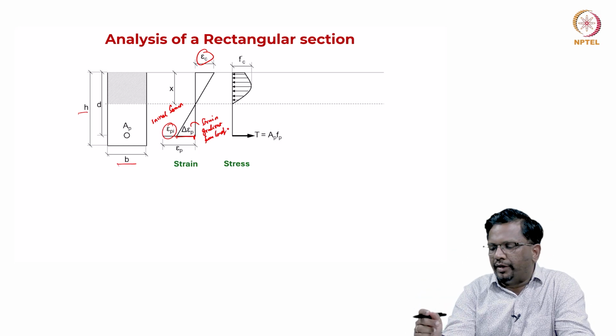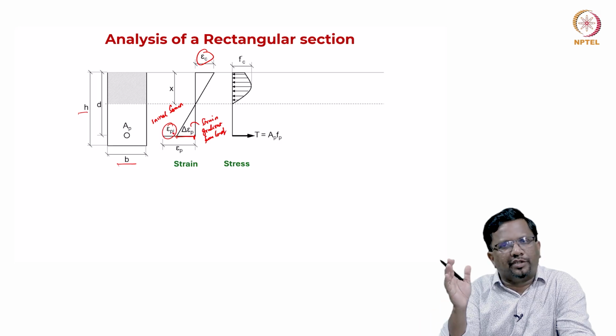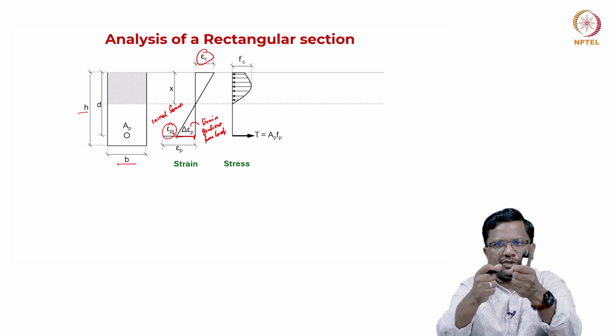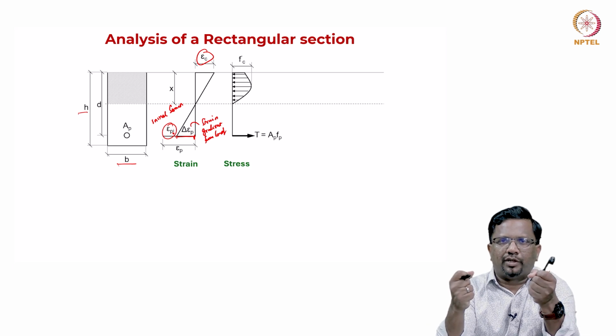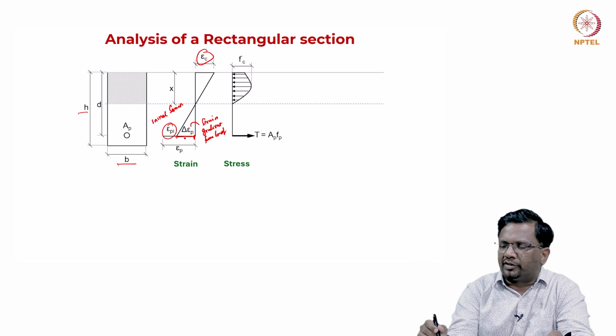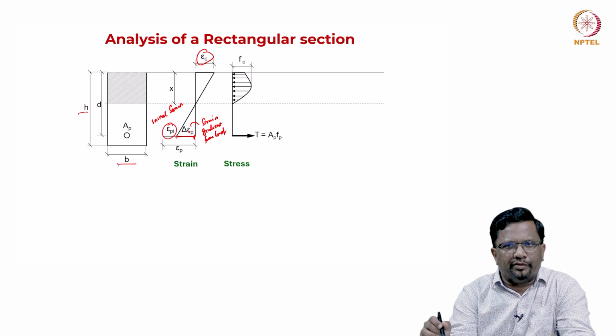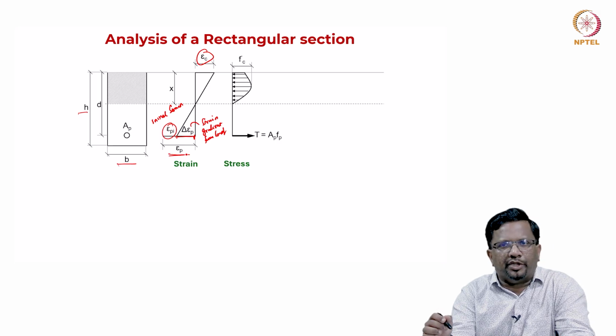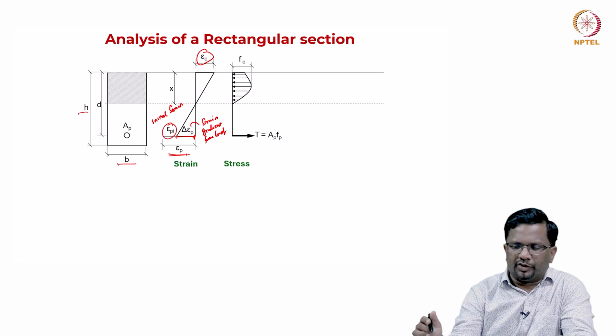Again, you have a rubber band stretched to a certain strain. Now, due to external load, the rubber band is going to stretch further. That further stretching due to load is delta epsilon p, but the initial stretching is epsilon pi. So, the total strain is epsilon pi plus delta epsilon p, the latter coming from external load. So, this is the strain distribution.